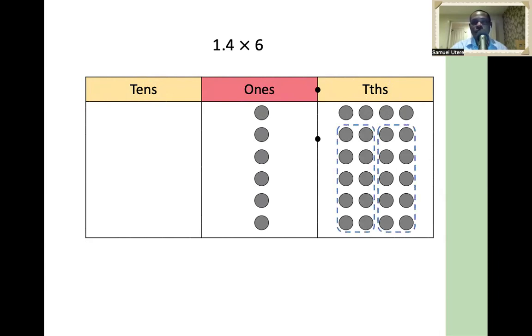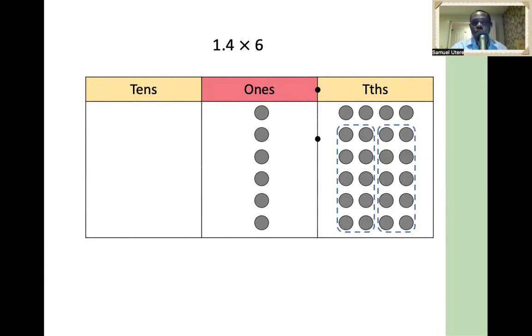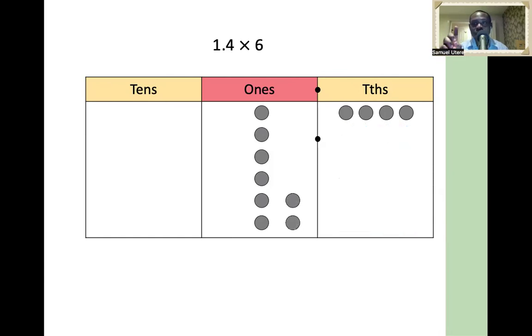We can see 2 groups of 10, so that will give us 2 ones. We can exchange these two groups of tenths to give us 2 ones, because 10 tenths is equal to 1. Now if we look at our value, we have 8 ones and 4 tenths.